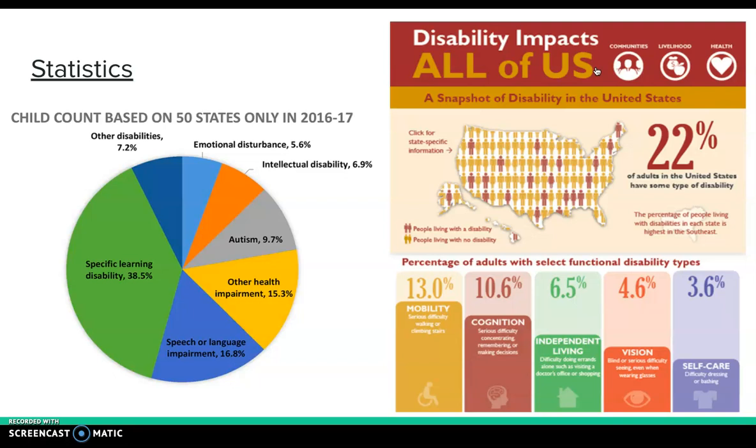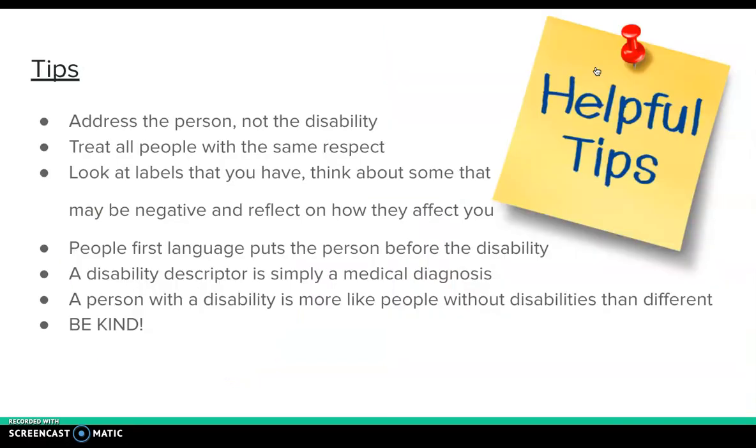There are some found at some place on the autism spectrum, and emotional disturbances and intellectual disturbances make up 7 and 6%. So we do see it. It's all over, in schools and elsewhere. So we need to start changing how we address people and talk about people.